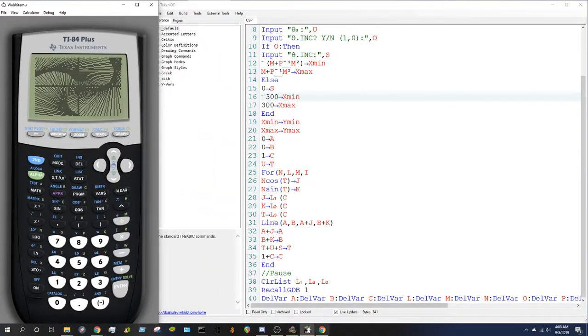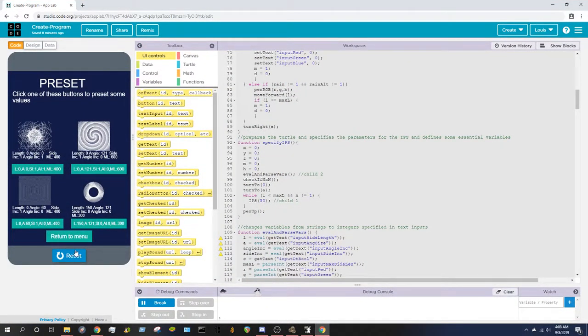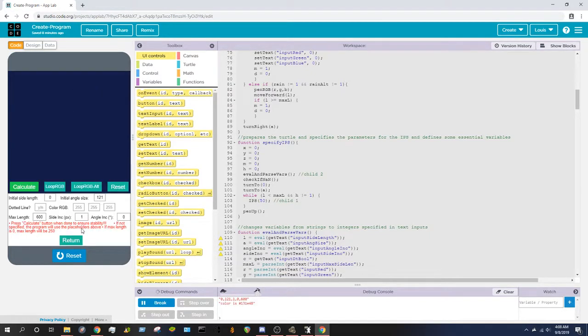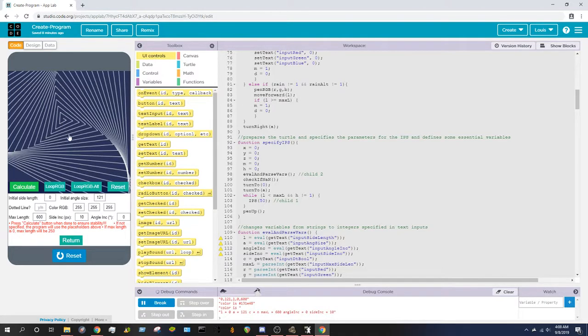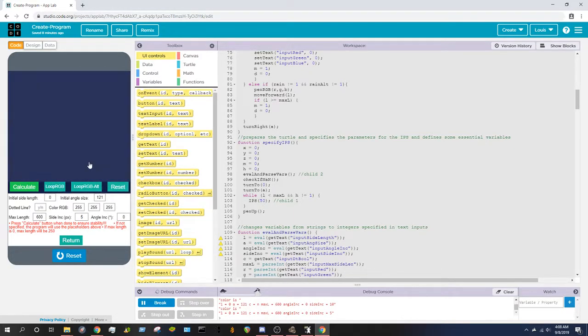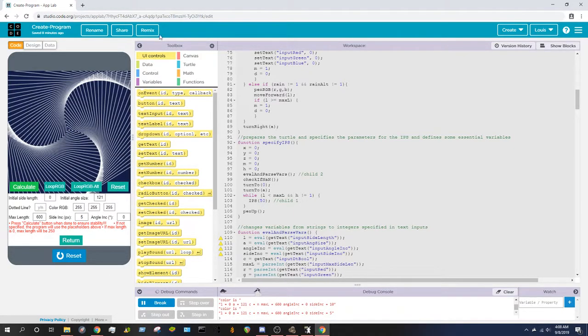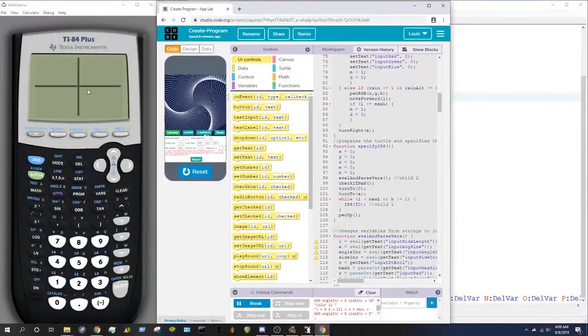Hold on, let's put up a bird comparison right now. Continue. Make the increase like 10. Calculate. See? Okay, I think the scale is different on this, so just make it like 5. It reset.